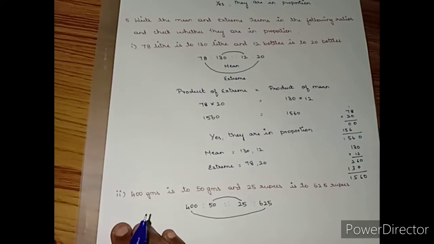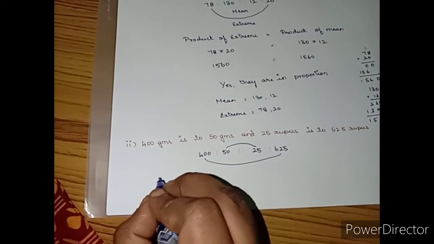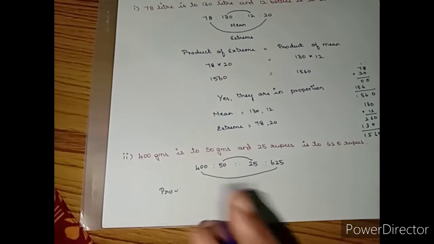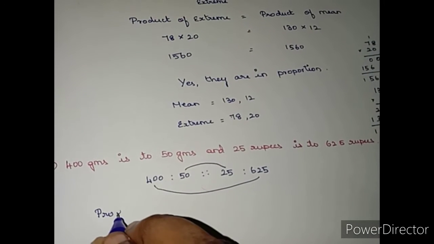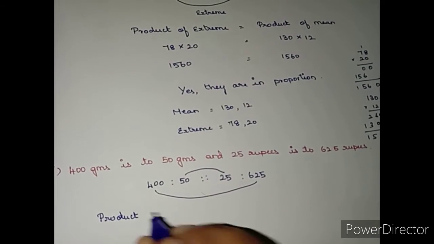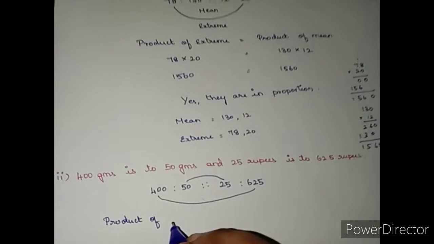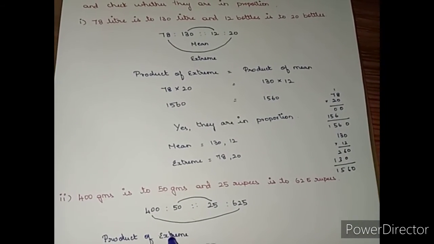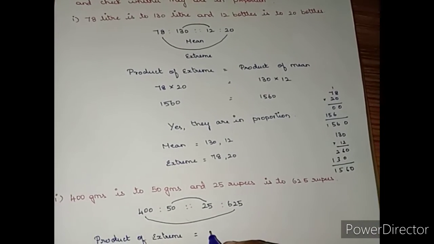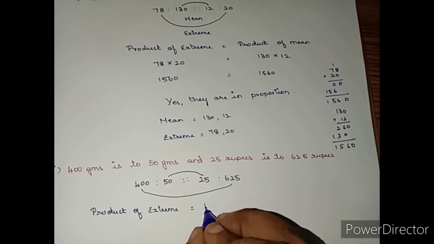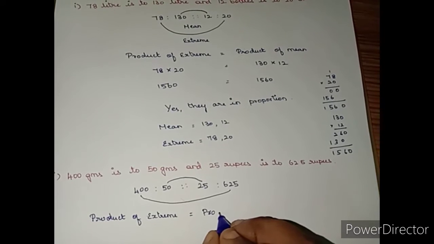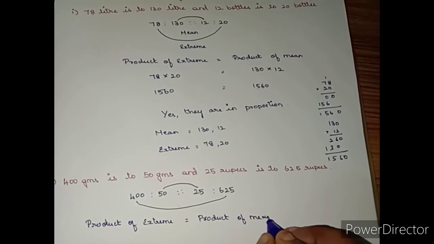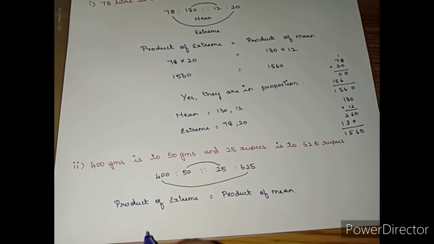So the product of extremes is equal to the product of means. So what is extreme?